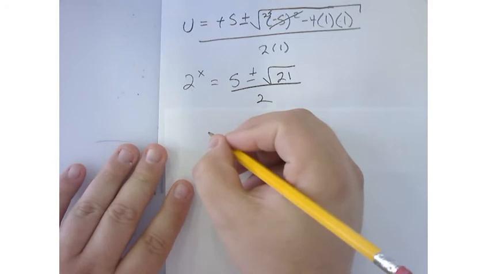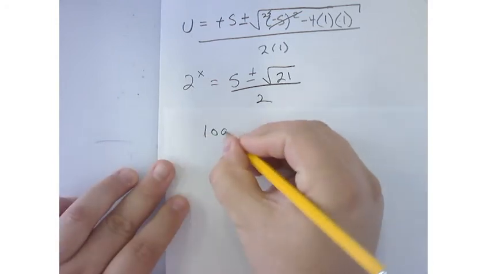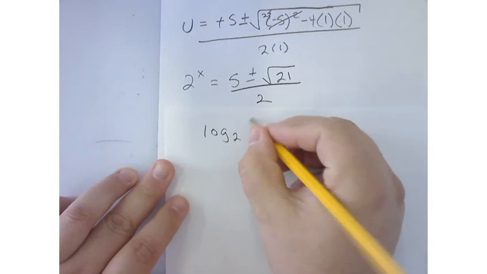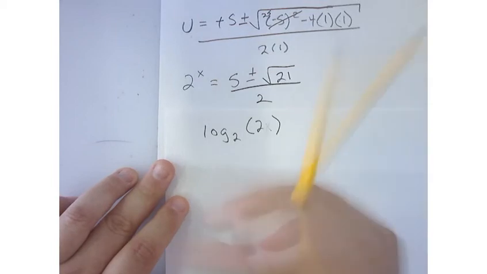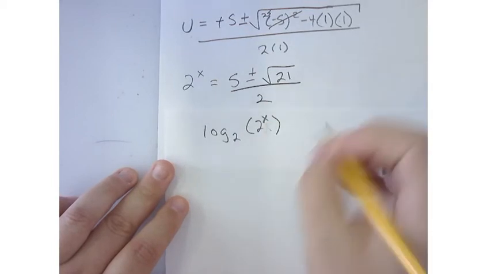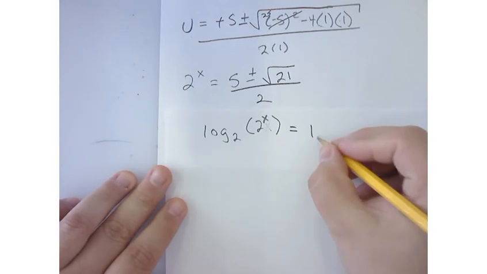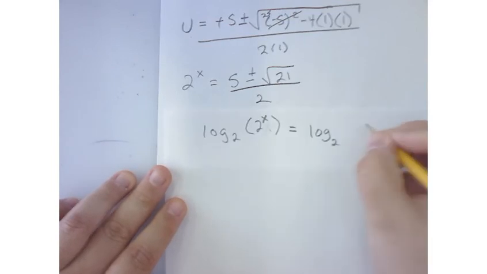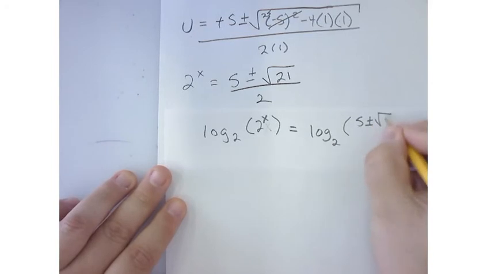So if I hit this with log base 2 of 2 to the x, and then I've got to do the same thing on the other side: log base 2 of all this other stuff, 5 plus or minus the square root of 21, all over 2.